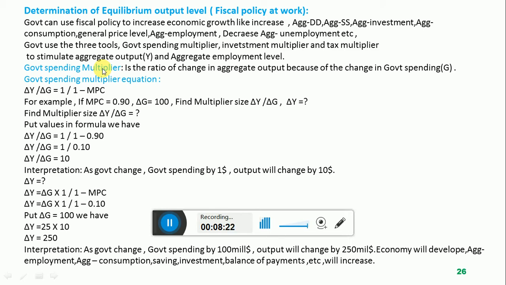So multiplier means aggregate output changes many times when the independent variable G, I or T changes by one unit. We studied this before.